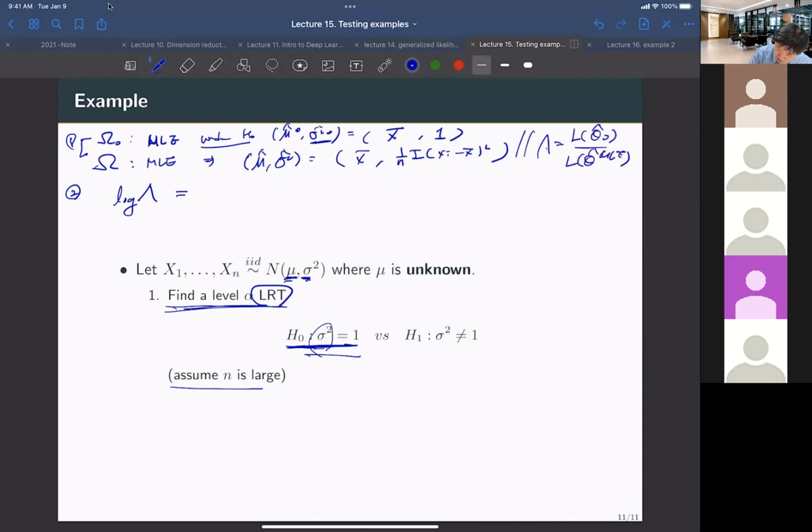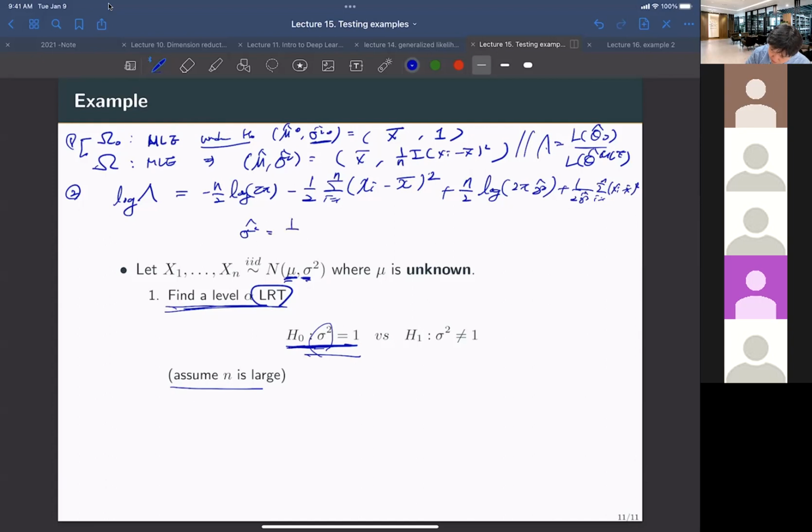Looking at the log likelihood, it is minus n over 2 log of 2 pi minus 1 over 2 summation of i equals 1 to n of (xi minus x bar) square, plus n over 2 log of 2 pi sigma square hat, plus 1 over 2 sigma square hat summation of i equals 1 to n of (xi minus x bar) square, where sigma square hat is 1 over n summation of (xi minus x bar) square.